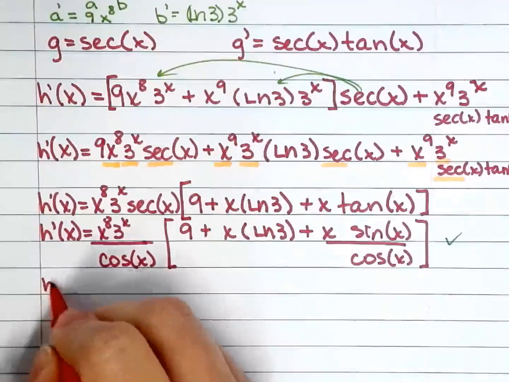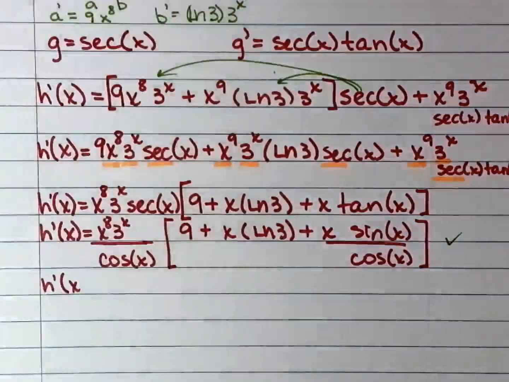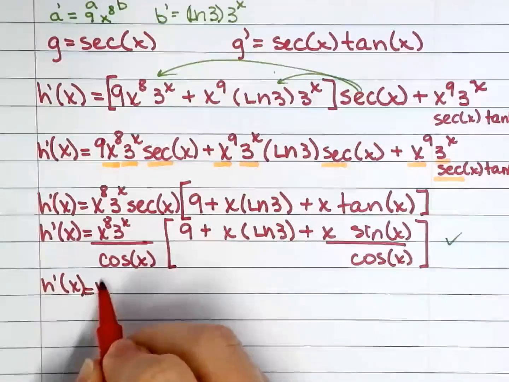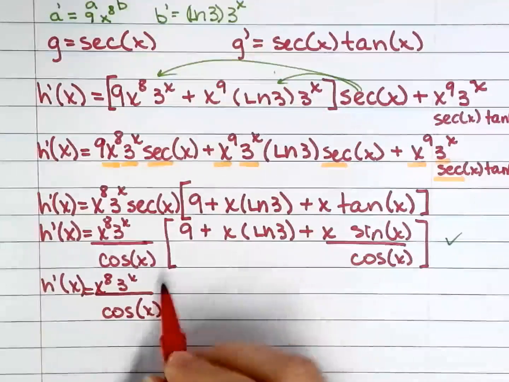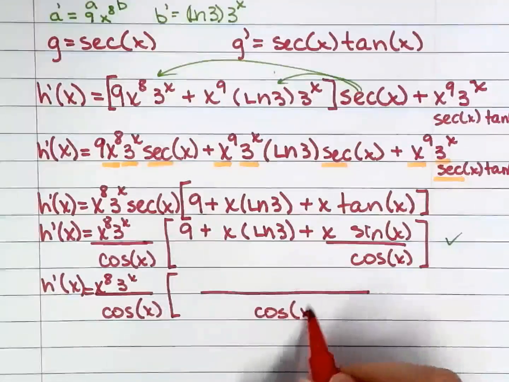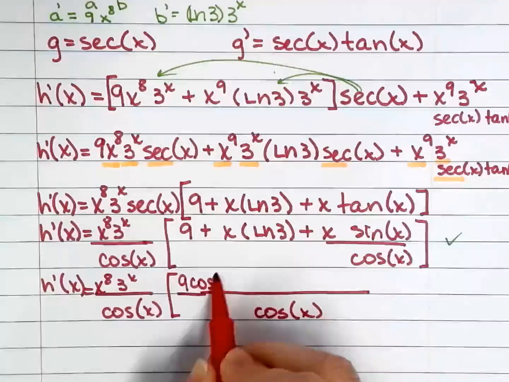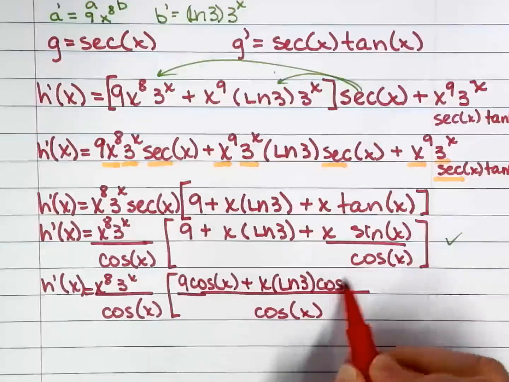But you know, what else are we doing? Let's make this the common denominator, having cosine of x as the denominator. So all of this will be multiplied by cosine of x. So 9 cosine of x, this times cosine of x.